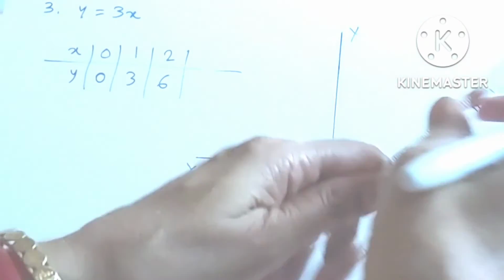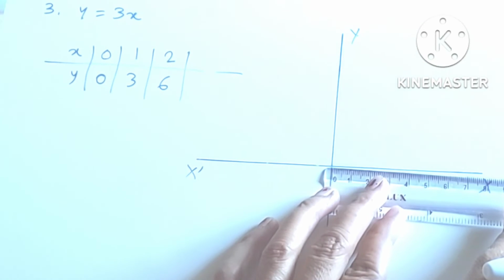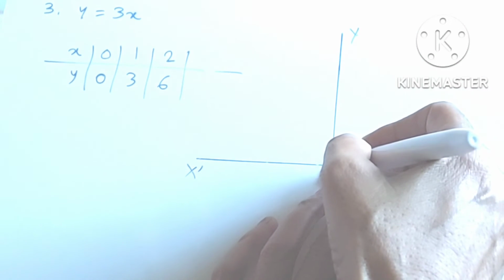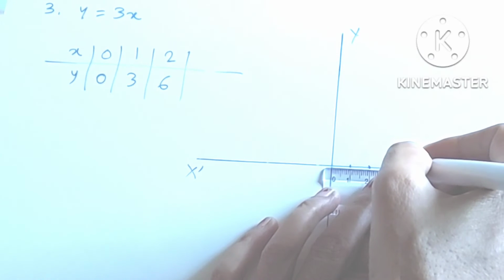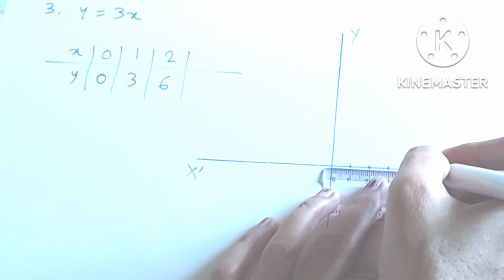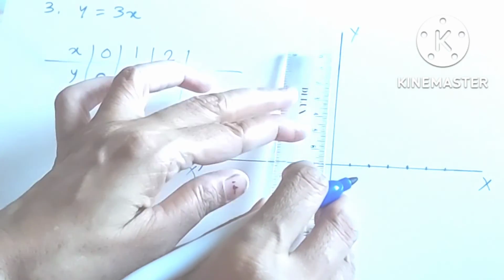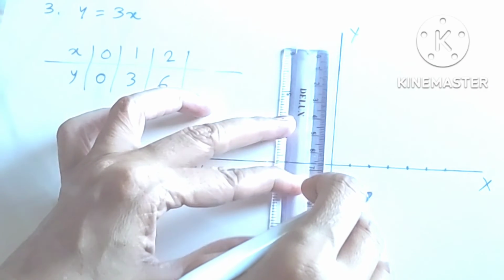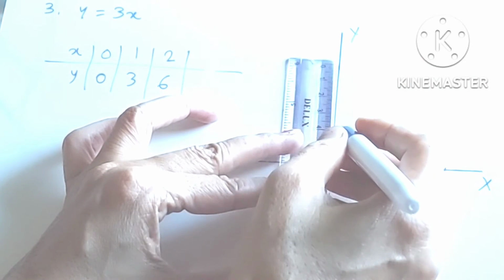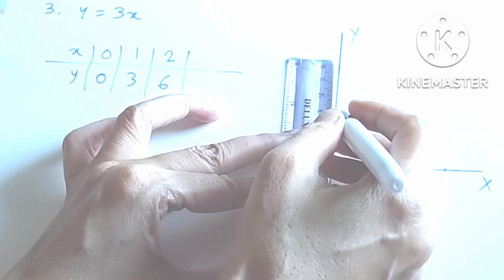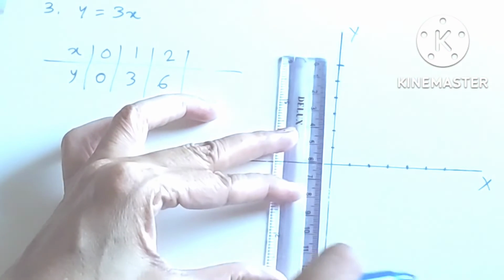Now some points we have to draw. Here all are positive, so we only have to draw some points on first quadrant. And in y we have to draw at least 6. So here 1, 2, 3, 4, 5 and 6.